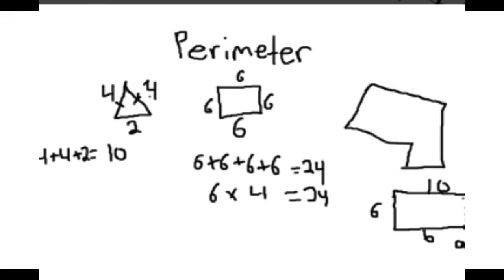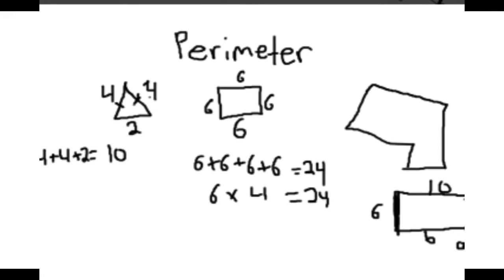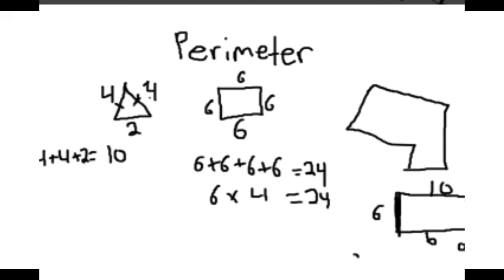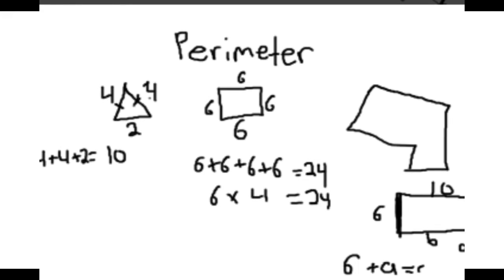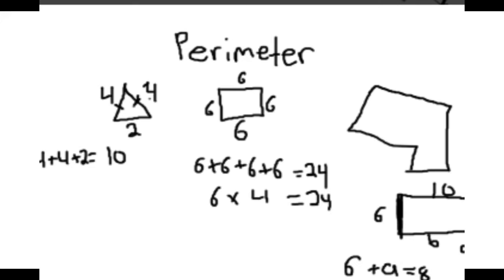The length of side A plus the length of 6 has to equal the length of 8. So let me write that down. 6 plus A has to equal 8. Because if you look at it, it has to be the same length on both sides of this figure.